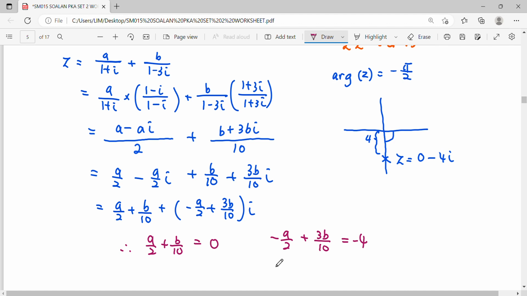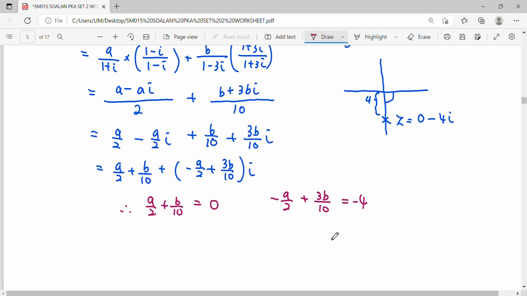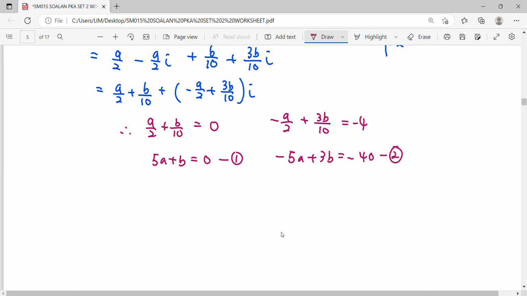So these two simultaneous equations, we simplify, we multiply to get the same denominator, so we times 10, you'll get 5a plus b equals 0. This one I times 10 times 5. Then we solve this simultaneous.